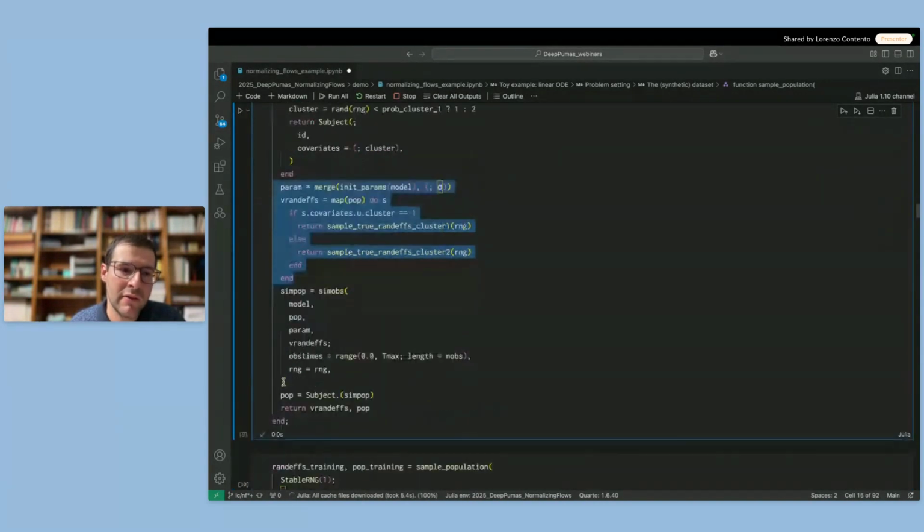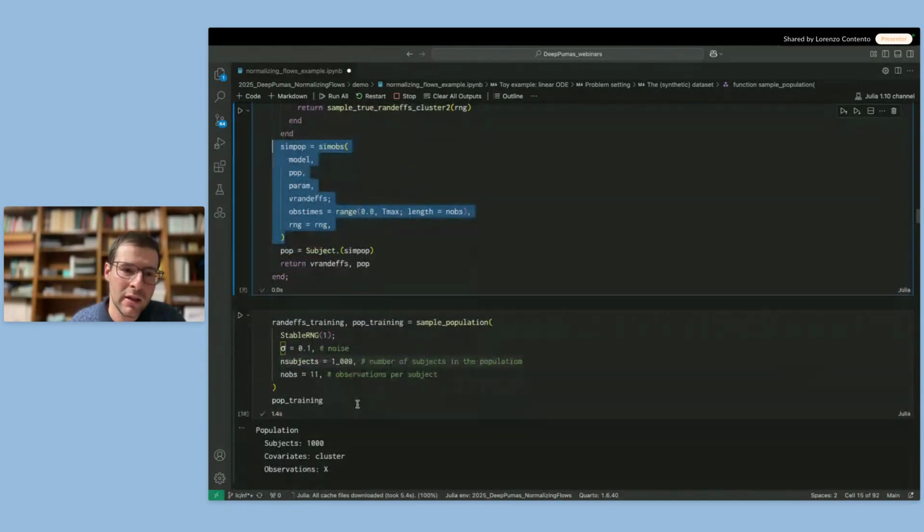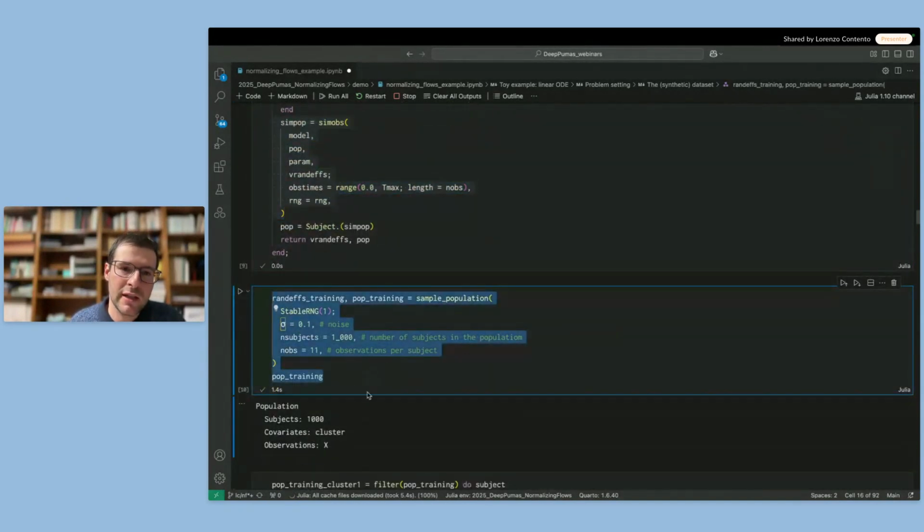And once we have the random effects, we simulate observation data using the model and those random effects. So this is pretty simple, and we use it to generate a training population with 1,000 subjects, so a pretty large number of subjects, and also a rather small amount of noise, just 0.1, and also a decent amount of observations per subject.